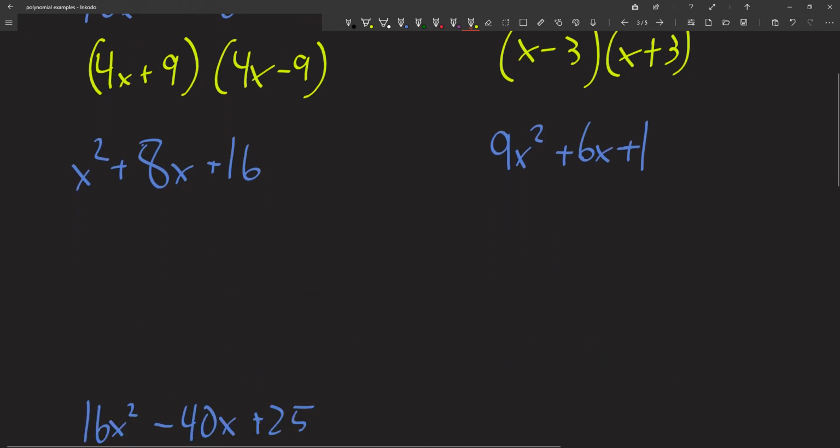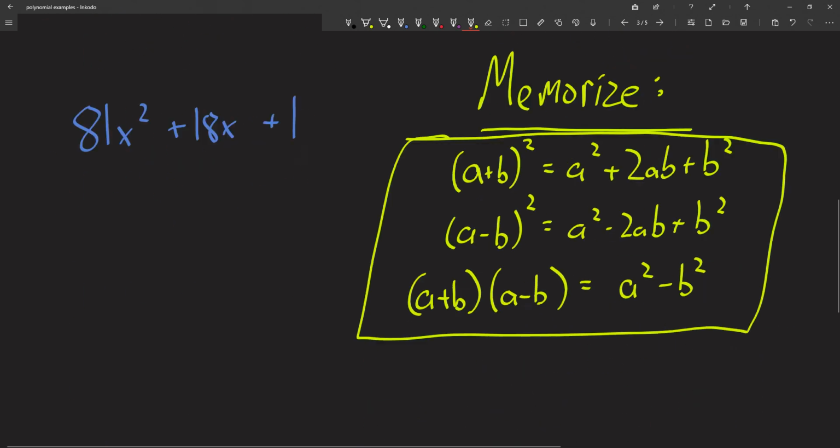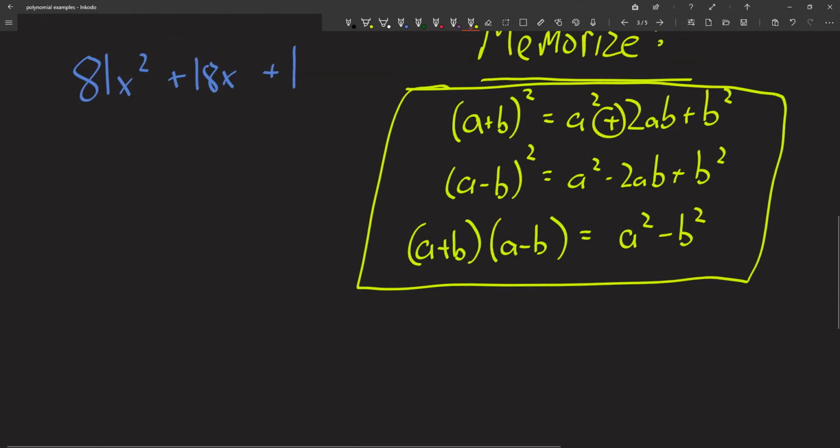x squared and 16. Okay, I know I'm dealing with an x and a 4 in my two terms. I know that because x squared is x squared and 4 squared is 16. Here, I'm ending up with double 4. So if I do these as both positives, scroll back to these guys here, positive and positive show up when I have a plus b squared.